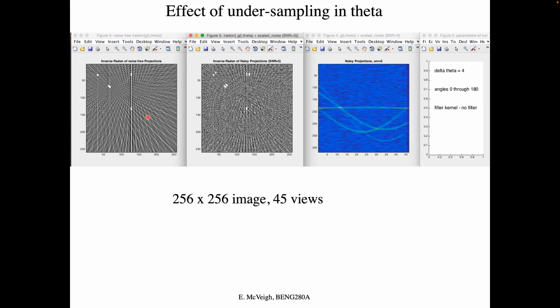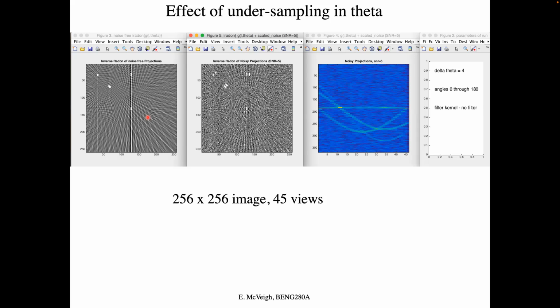So when I look at this, this is the noise-free inverse Radon. We're going back from 45 views of the actual object. Just to review what this does, in case you haven't played with it: it takes an object, in this case these little squares here, and it creates a GL theta space, which is quote unquote perfect. It's very high resolution.